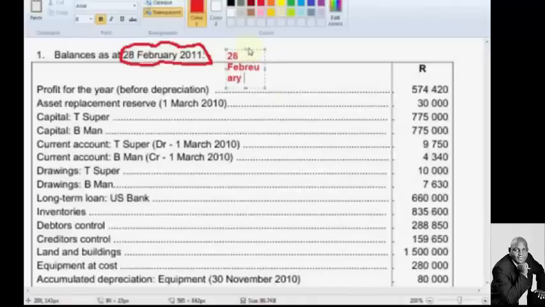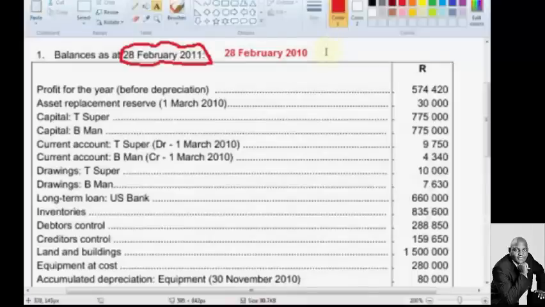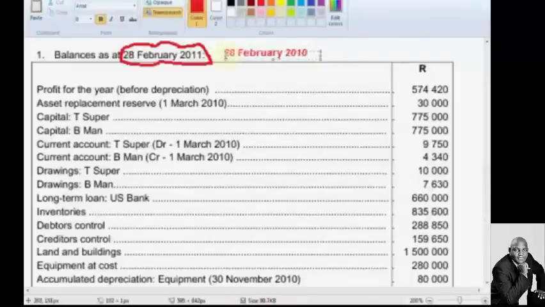Sorry, excuse my spelling. At the beginning of the year means 28 Feb 2010. That's what we're referring to. So we're more interested in what properties the partnership owned at 28 Feb 2010.